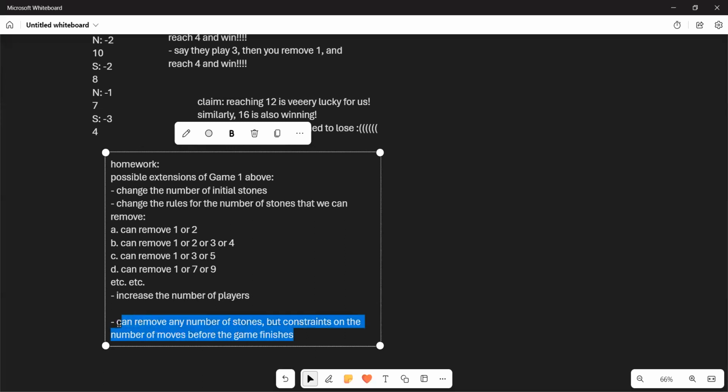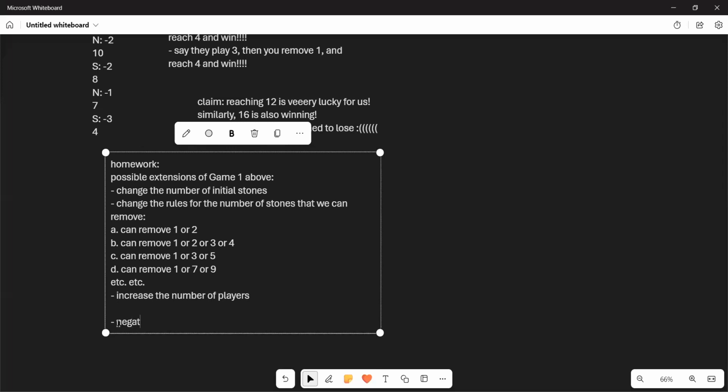Where you can actually finish the last condition. Say we have the one which you just said, you can remove any number of stones you want, but you have limited moves. Say I have 50 stones and 3 moves.